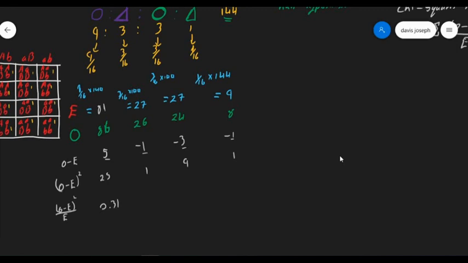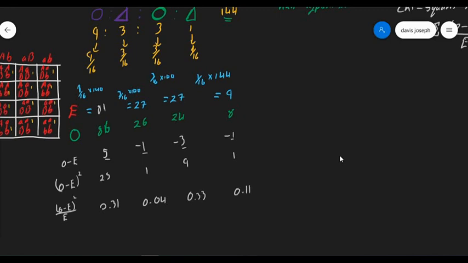Then 1 divided by 27, which is 0.04. 9 divided by 27, 0.33, and 1 divided by 9, which is going to be 0.11.